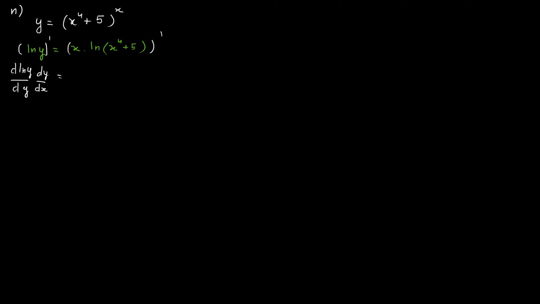Here we can rewrite it a little bit, and we derive x first, because this is a product of two functions. Remember, for a function u times v, the rule in general is the derivative of u times v plus u times the derivative of v. So we derive x first, because that's our u, and this entire thing is going to be v.